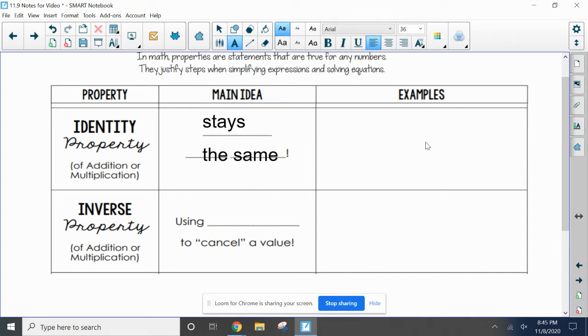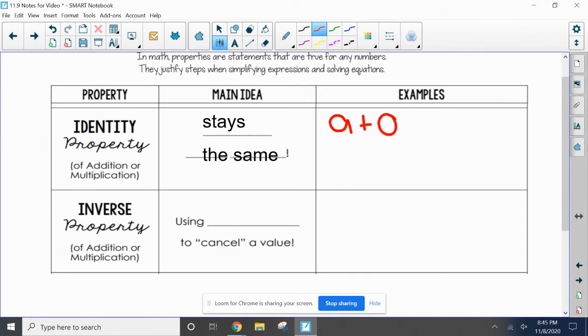An example of that for addition is that if I add 0 to something, let's say a plus 0, anything plus 0 is going to be itself. So with real numbers, let's try 7 plus 0. I'm still going to get 7. The same works for multiplication, but times 1.